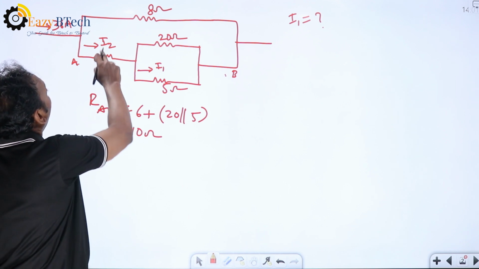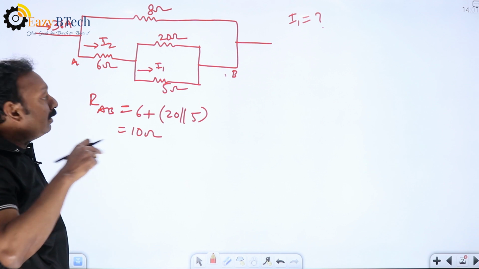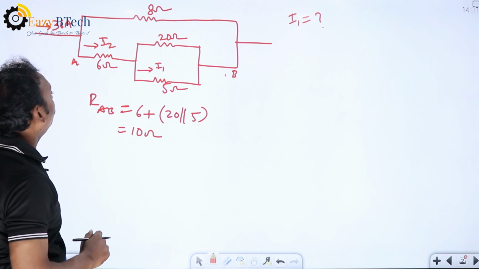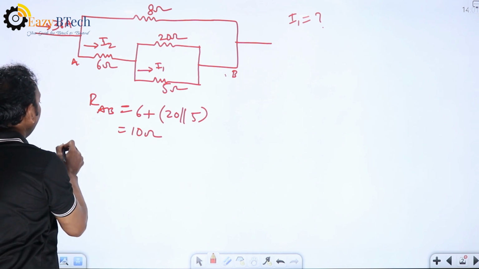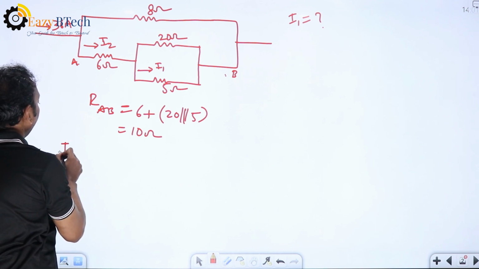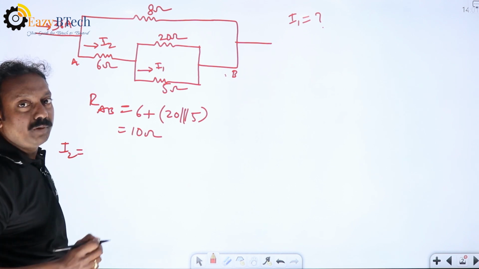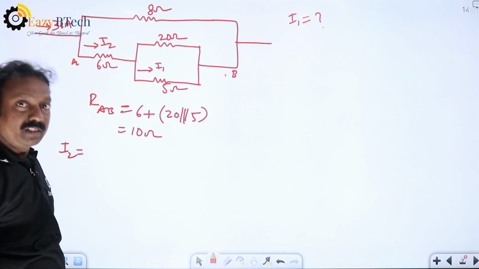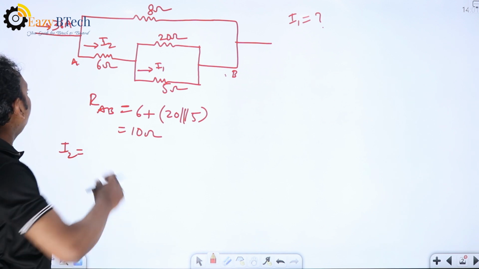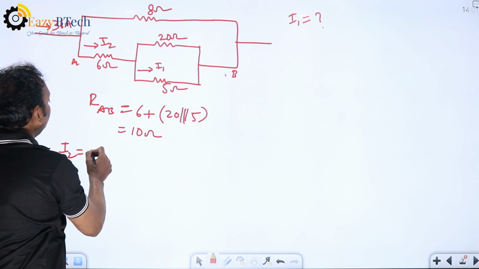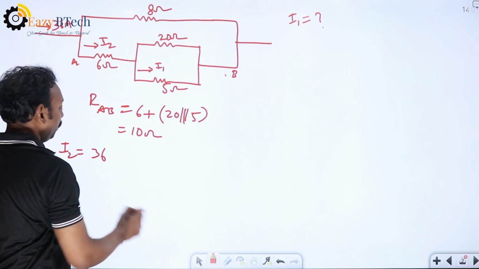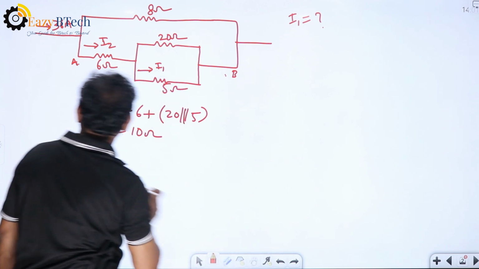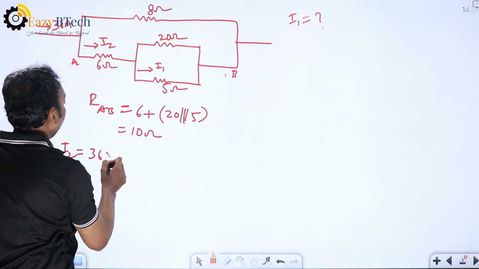Now first we will find the I2 value, then we will find the I1 value. Here the total current given is 36 ampere. What is the I2 value? What is the current division formula? Total current into opposite resistance by sum of the resistances. Total current 36 ampere.